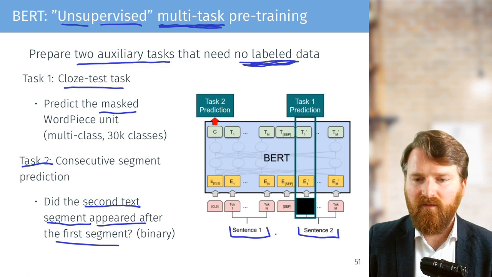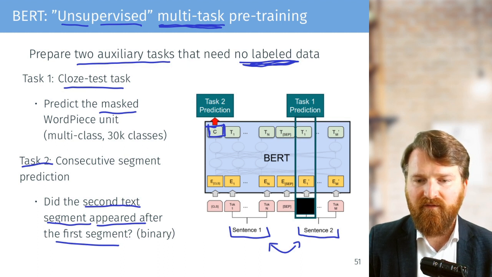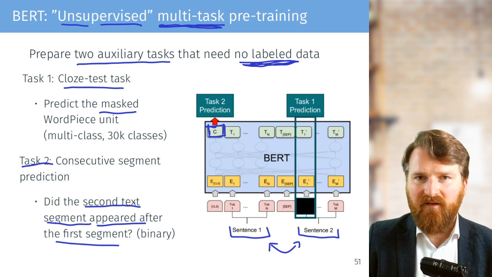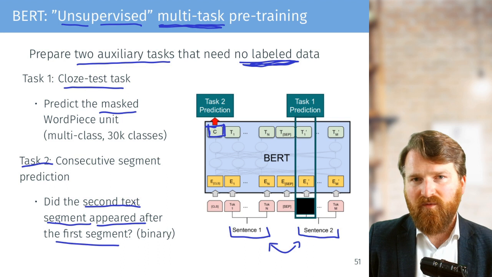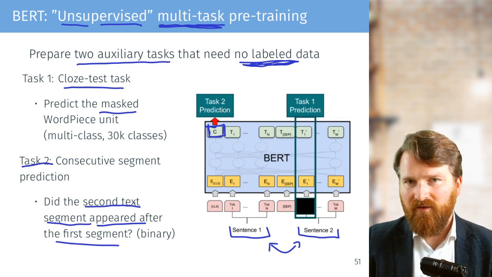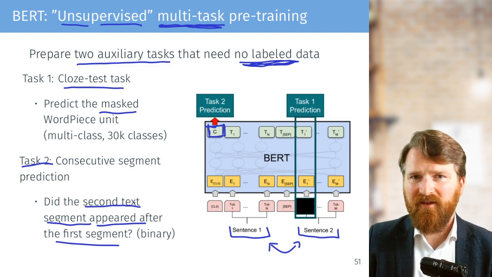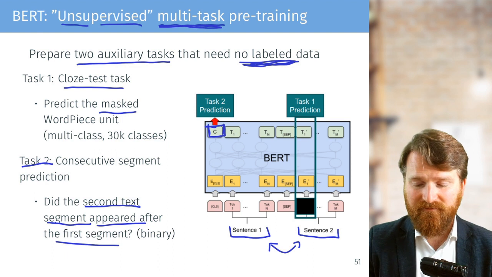So first sentence 1, then sentence 2. But in some cases we just swap them, and we want this representation to predict whether the second was after or before. So this is somehow for learning some coherence in the text, and maybe some logical properties, or learning something about relationships between sentences.